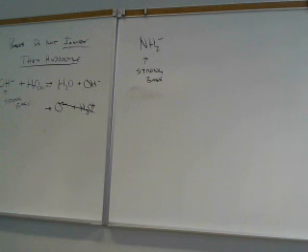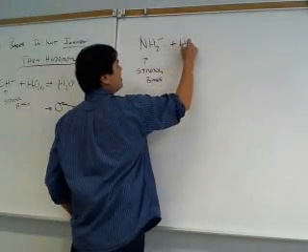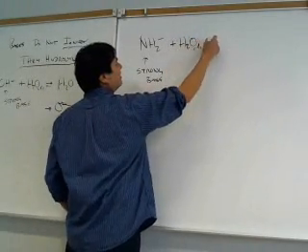And so a strong base like amide does what? Does it ionize completely? Does it dissociate completely? No, it's going to hydrolyze completely. And so when amide hydrolyzes water, what happens?